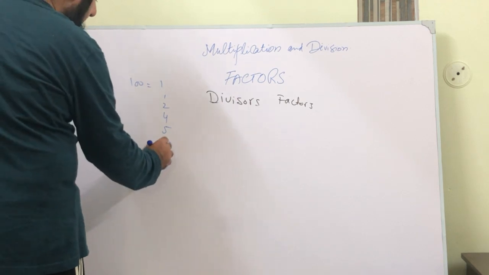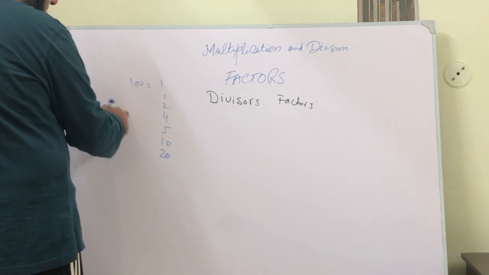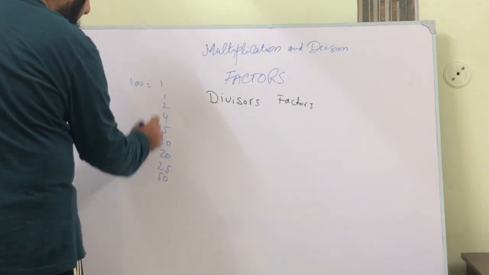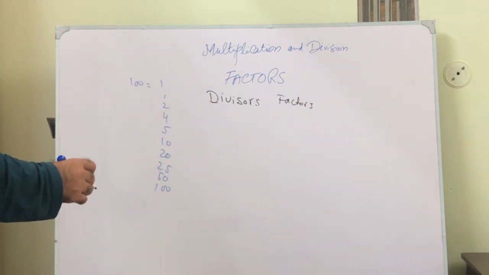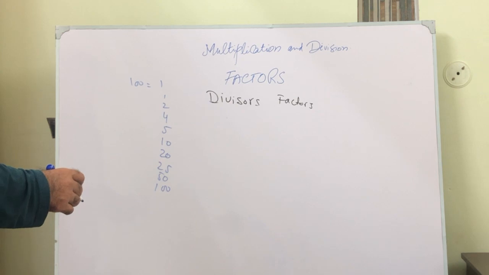After that we can divide by 20, 20 5s are 100. After that 25, 25 fours are 100, then 50, 50 twos are 100, and 100, 100 ones are 100. Okay, so its factors are 1, 2, 4, 5, 10, 20, 25, 50 and 100.